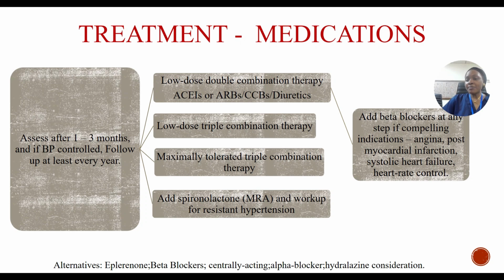For instance, we may add beta blockers at any step if there are compelling indications like angina, post myocardial infarction, systolic heart failure, or heart rate control. Or you may add alpha blockers if, for instance, someone has benign prostatic hyperplasia. You can prescribe doxazosin as well.